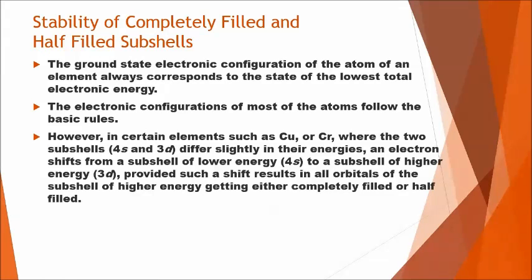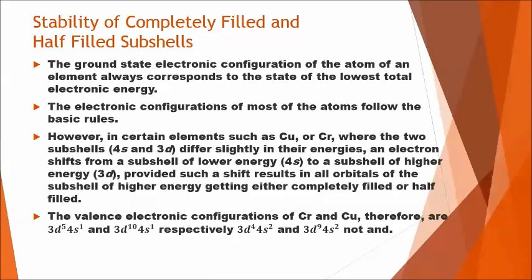However, in certain cases, like copper and chromium, where the two subshells, that is 4s and 3d, differ slightly in their energies, an electron shifts from a subshell of lower energy to a subshell of higher energy, provided such a shift results in all orbitals of the subshell of higher energy getting either completely filled or half filled.